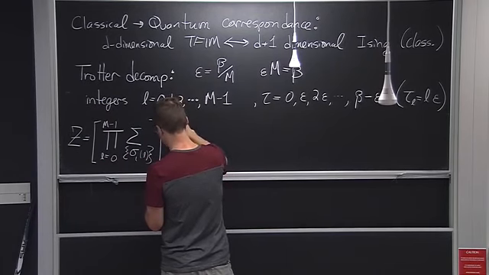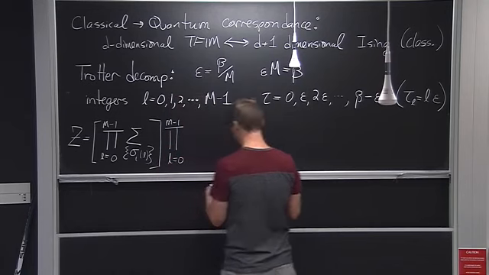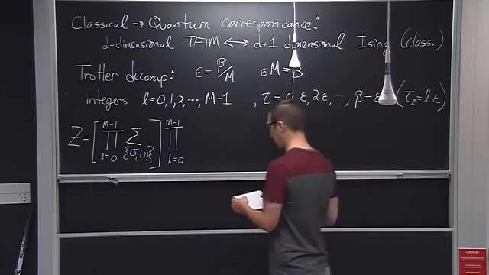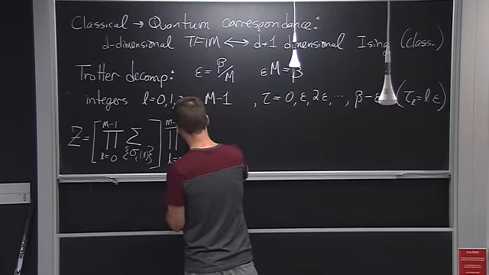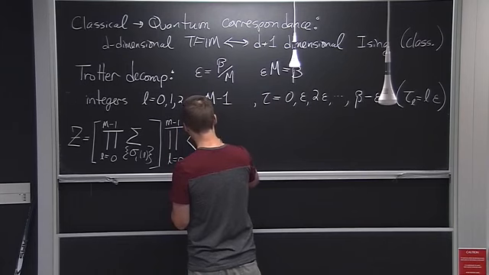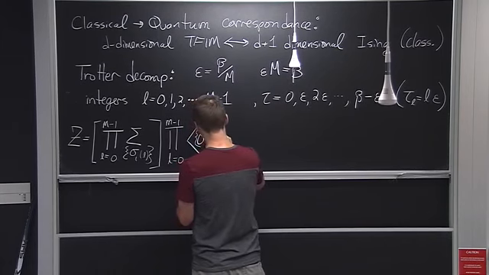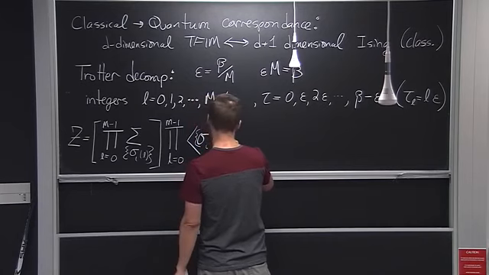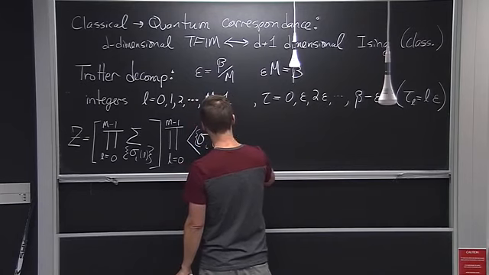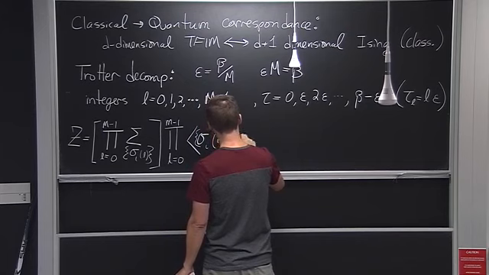Then I have L from 0 to m minus 1 products of these matrix elements, which I was solving last time. So I'm going to say this has to be L plus 1 times epsilon.